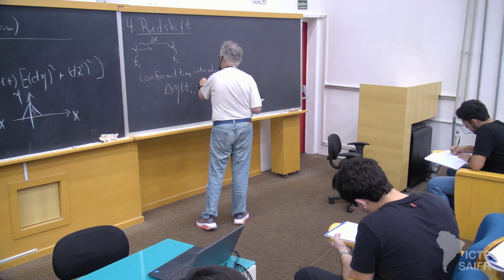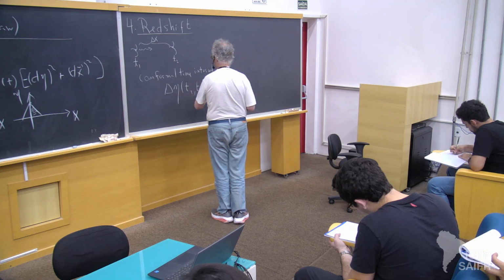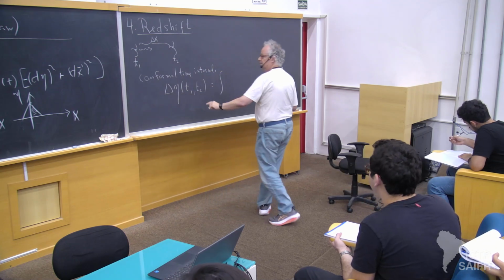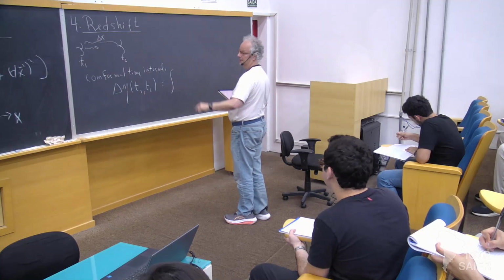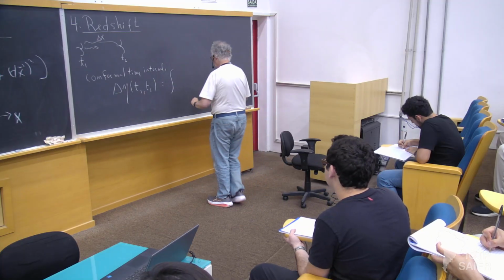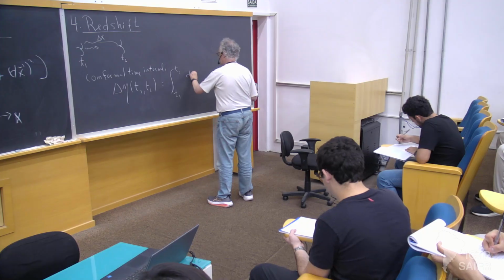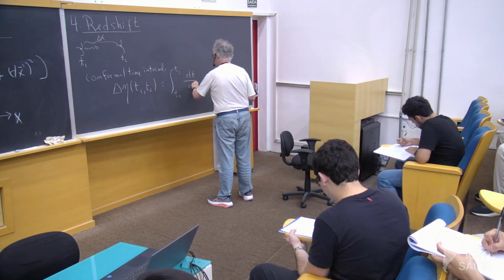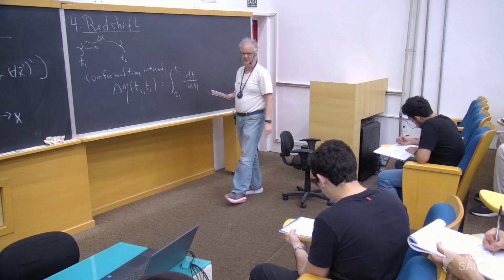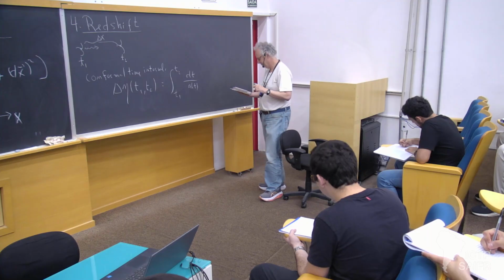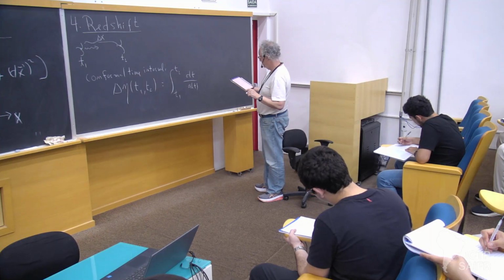So this is the conformal time interval between t1 and t2. And this is just the definition of the conformal time. This is the integral from t1 to t2 of dt over a of t. I'm assuming c equals 1, okay? All right.